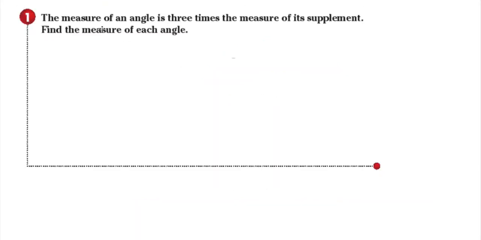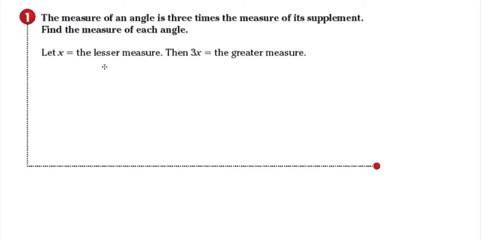The measure of an angle is 3 times the measure of its supplement. Just like any word problem, we create a let statement. Let x be equal to the lesser measure, and if x is the lesser measure, it's 3 times the measure of its supplement, so then 3x equals the greater measure.